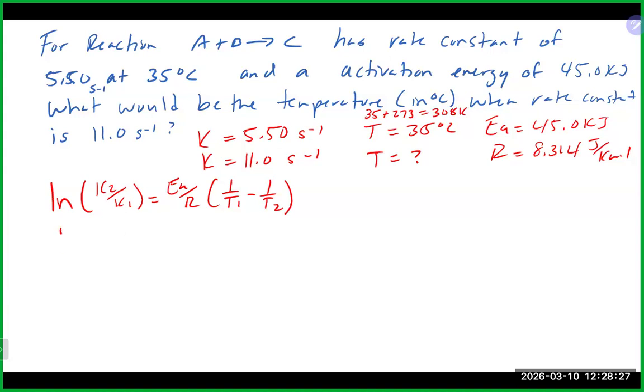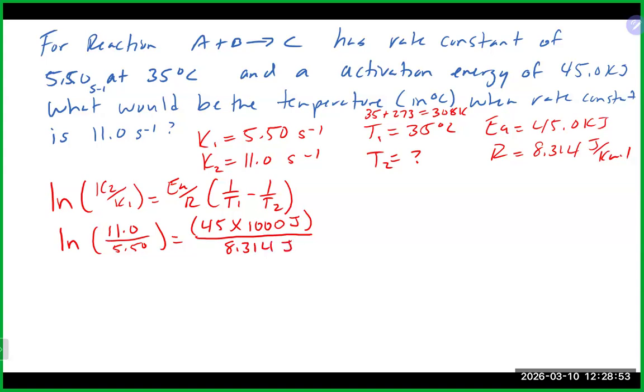Other than that, we can put some numbers in. So we'll go natural log of 11, and I'm just going to call these ones and twos, over 5.5 equals our E of A, which is 45. I'm going to multiply it by 1,000 to convert it into joules, because the R is in joules.